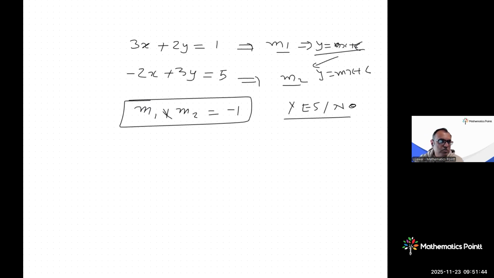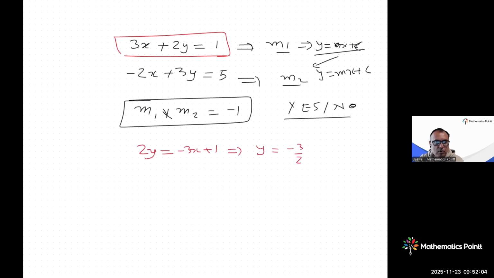Let's rearrange the first one. Rearrangement is very important. If I rearrange the first one in red, I get 2y equals negative 3x plus 1, which means y equals negative 3 on 2 x plus 1. So the slope of the first line is negative 3 on 2.